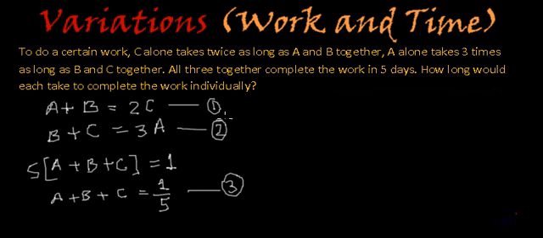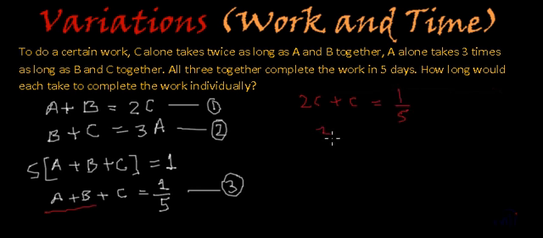If we see the first equation carefully, it is A plus B equals 2C, right? And in the third equation we have A plus B. So if we substitute A plus B by 2C, we will get 2C plus C equals 1/5.